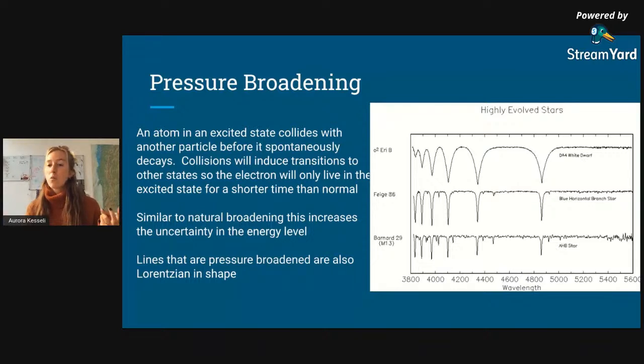Whereas a giant star will have 2 orders of magnitude smaller densities, so log g of about 2 for giant stars, and can even be lower for supergiants. So you're going to notice a difference in pressure broadening, but only with a change in surface gravity of like 2 orders of magnitude.